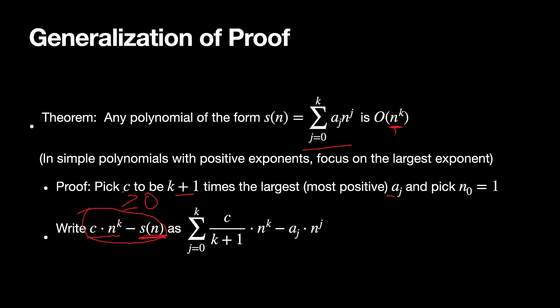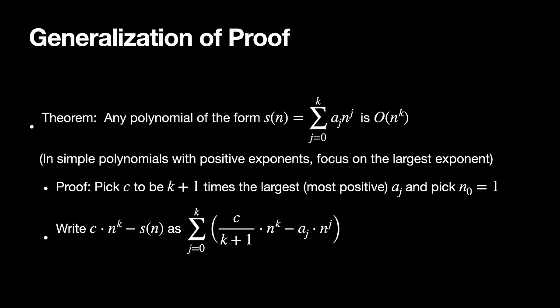Okay, so if we combine together this inequality with our summation, our summation here is going to sum up from 0 to k, so that's summing up k plus 1 times c over k plus 1 times n sub k.